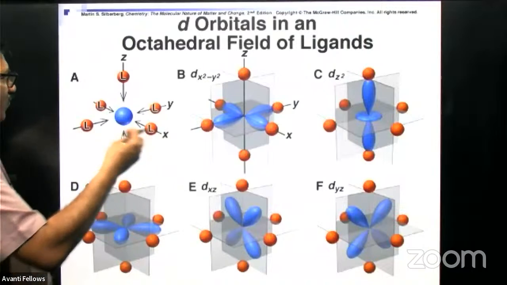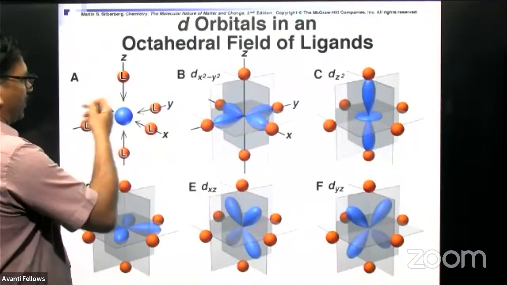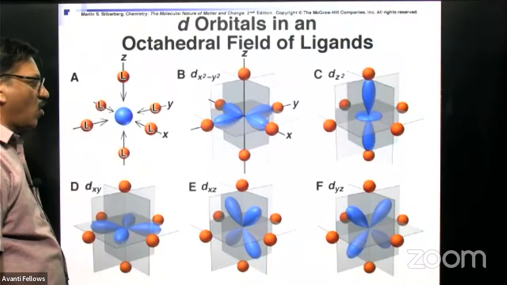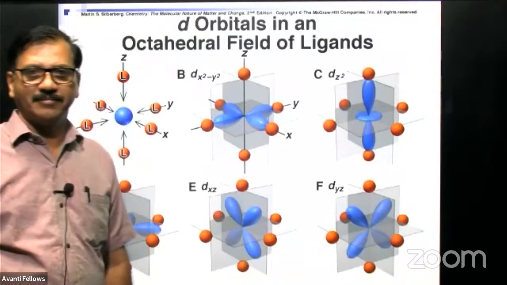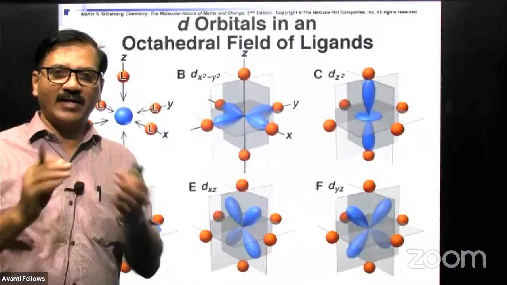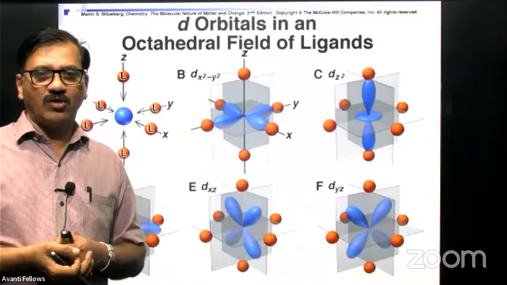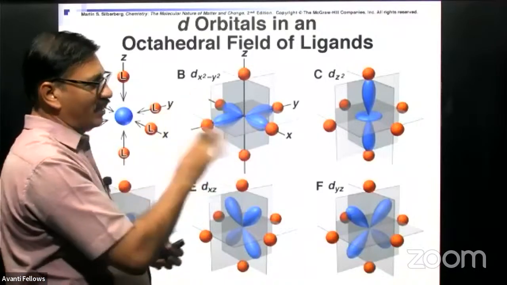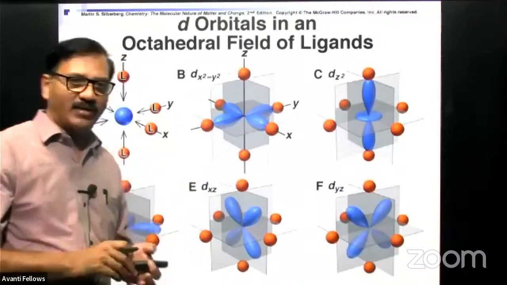By the approach of ligands, the electron distribution on the atom changes. The electrons present in different orbitals get affected.